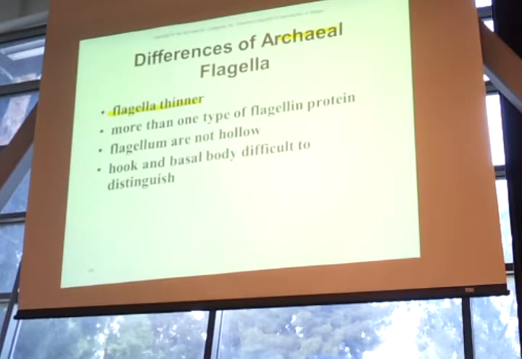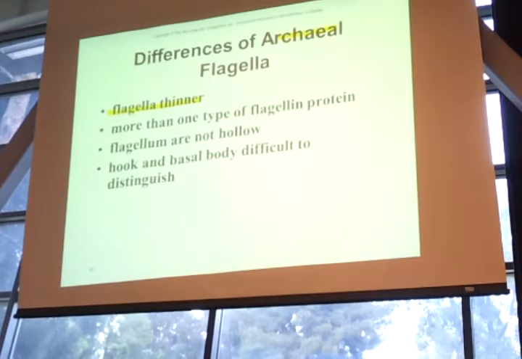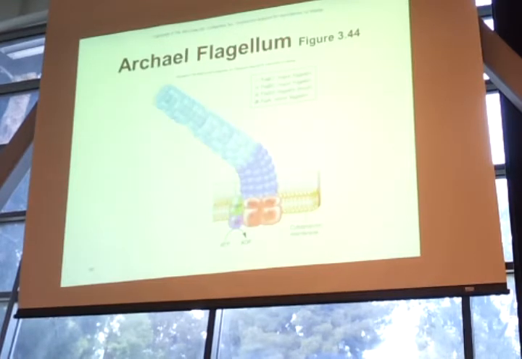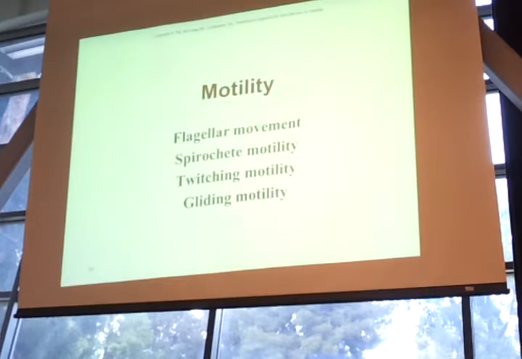You just know that they're composed of a different type of protein. They're not hollow. They look different. They hook up differently, but mostly you can see the structure is different. The thinner, different structure, that would probably be what you would need to know for the archaeal.